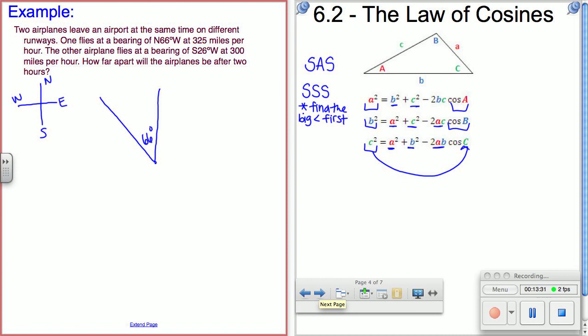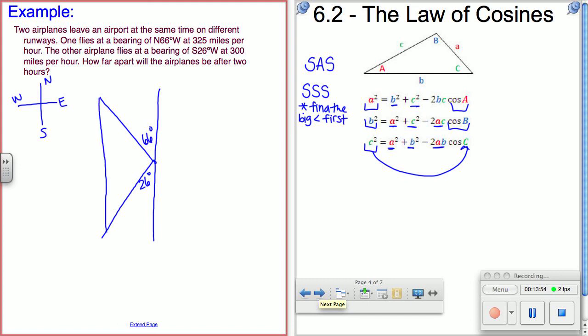The other plane flies south and then 26 degrees west. So he goes south and then west 26 degrees. How far apart will they be after 2 hours?